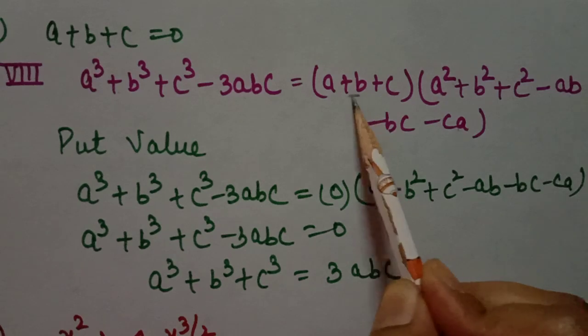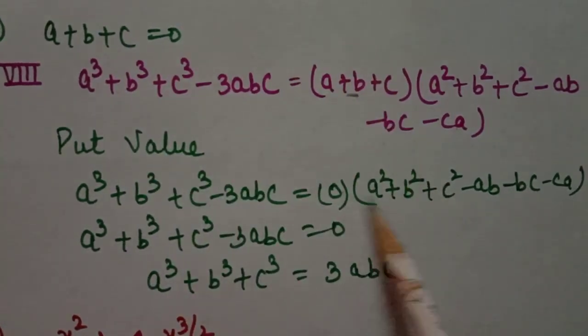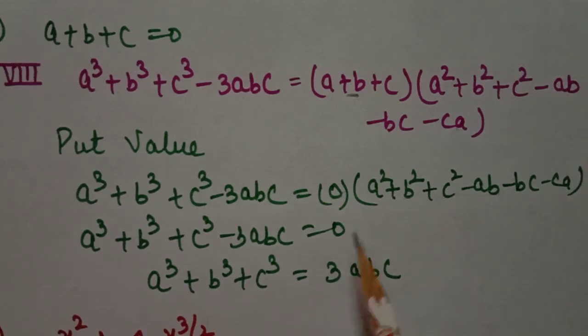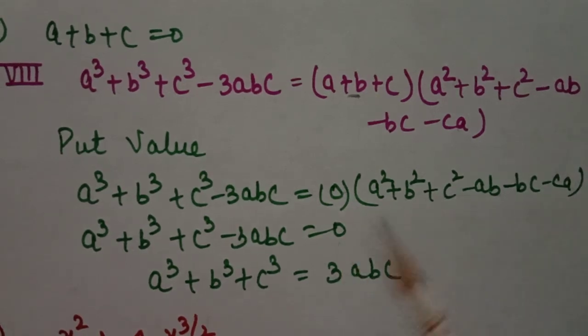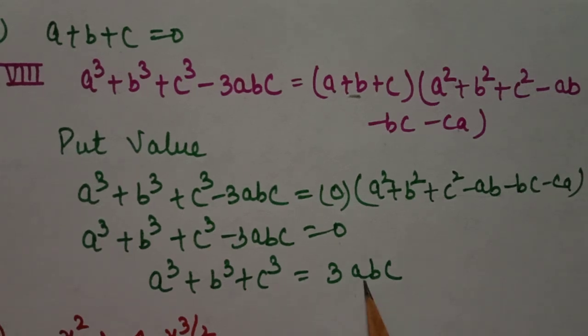Now we will put the value which is given to us, a plus b plus c is equal to 0. If we put 0 here, then it is multiplied with this bracket. It gives us 0. Now we will shift this negative number to the other side, then it becomes positive. So the value of a cube plus b cube plus c cube is 3abc.